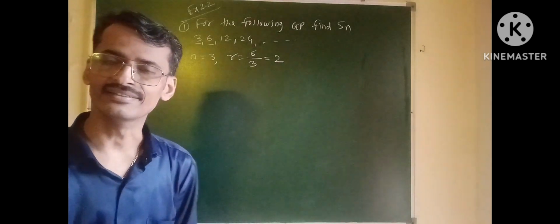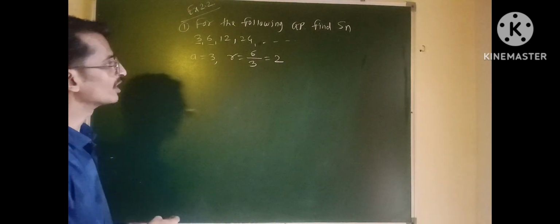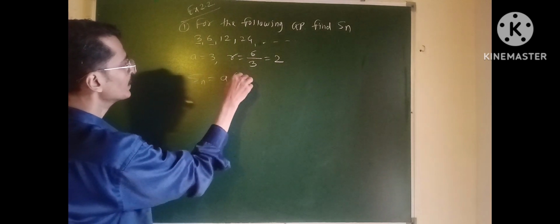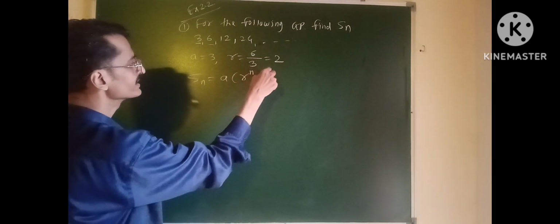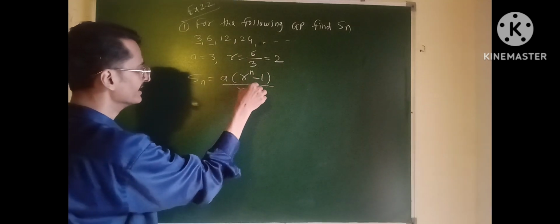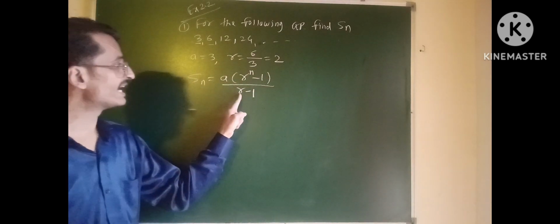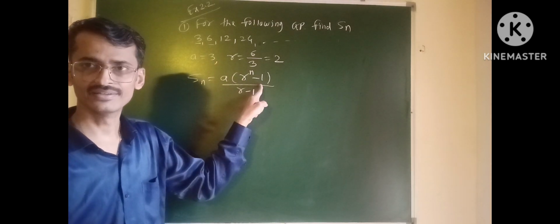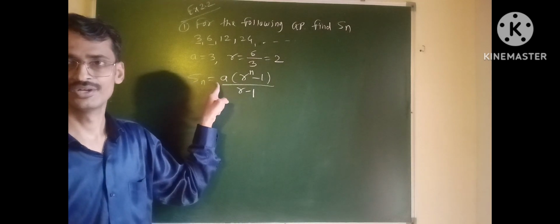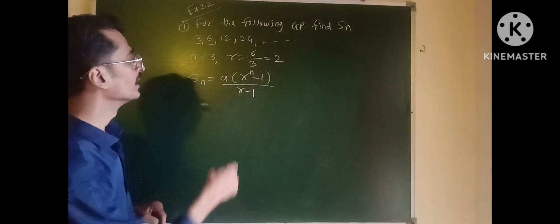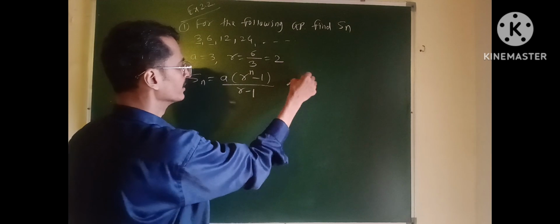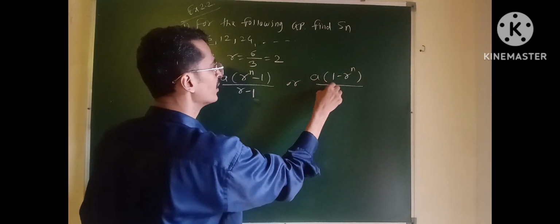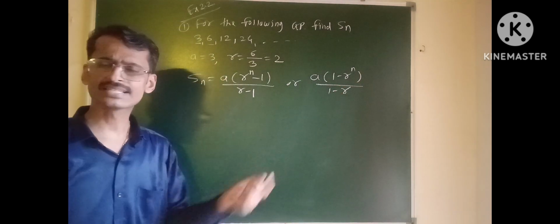Now we want Sn. So what is the formula of Sn for a GP? Sn is A into R raised to n minus 1 upon R minus 1. Now either you can use this or you can write A into 1 minus R raised to n upon 1 minus R. Both are the same.